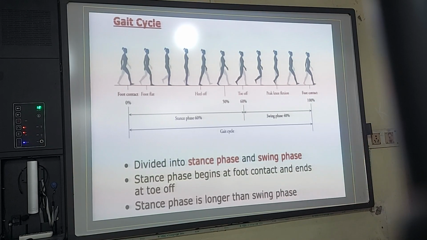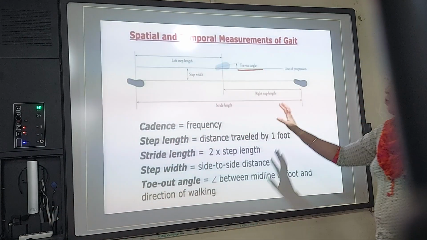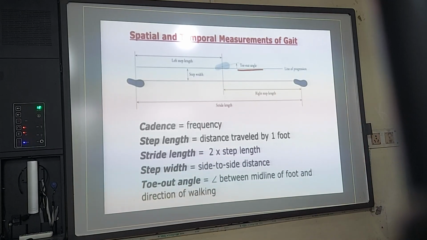Now if we see for ourselves, you are well aware of these cycles. Gait cycle, I need not tell you again. Now, what do we measure? A very important thing is step length. Step length is of each foot.